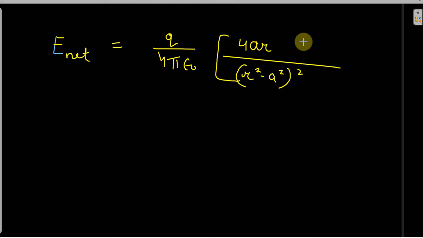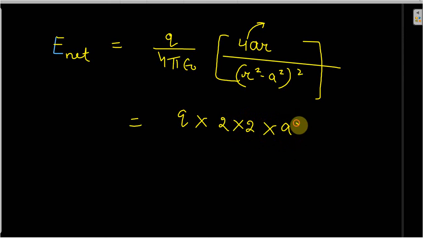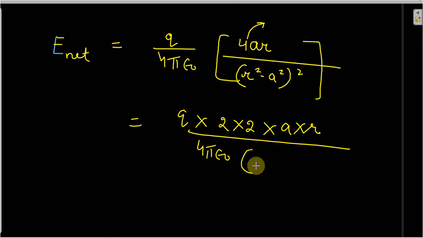In the next step you can write 4 as 2 into A into R, over R square minus A square whole square.